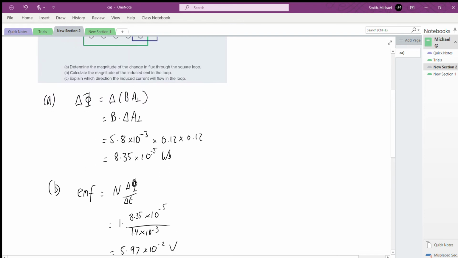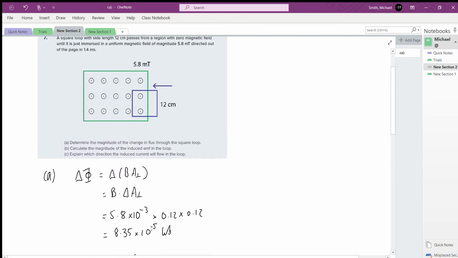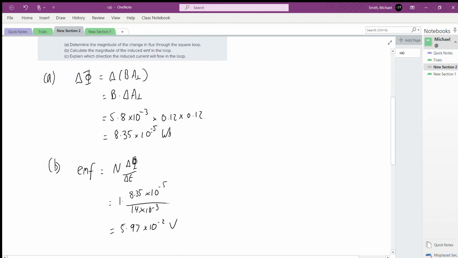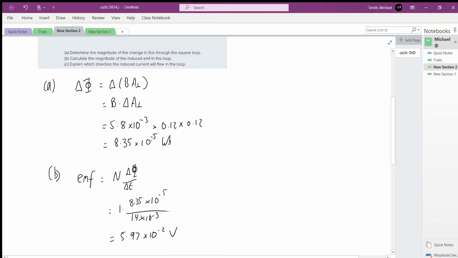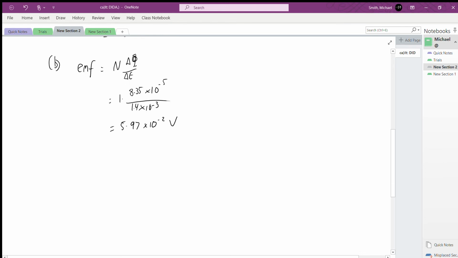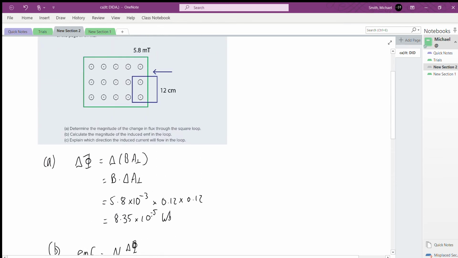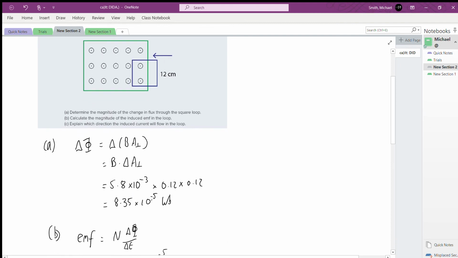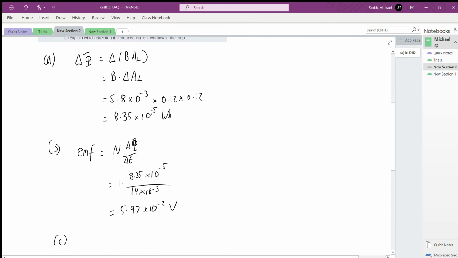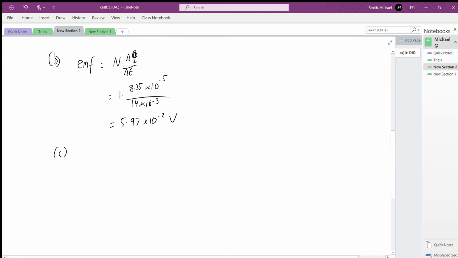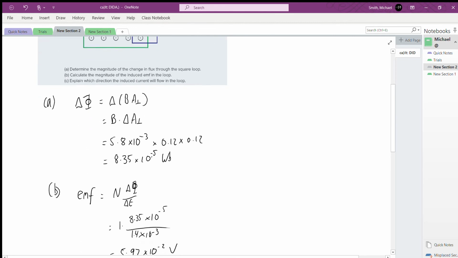Now we have to work out the direction of the induced current in the loop. This is probably the most difficult, so it's best to talk through this using Lenz's law. Here the magnetic flux is increasing as it enters the field, so I find it easier to write this as change in flux is increasing and it's directed out of the page.